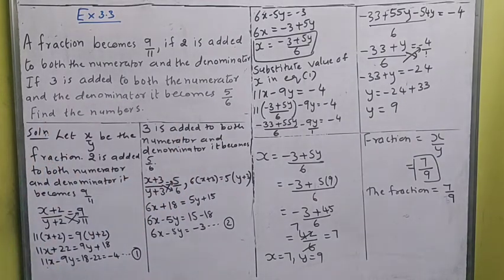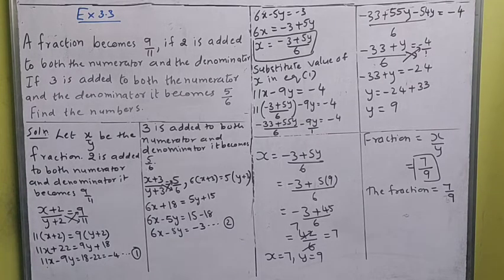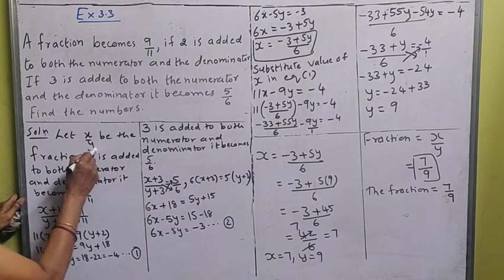Once again, let us see what happens over here. He has not given the fraction. What is meant by fraction? A fraction means a number which has a numerator and a denominator. So let us see what we have to take in the numerator and what in the denominator. Suppose x by y is the fraction, with x in the numerator and y in the denominator.